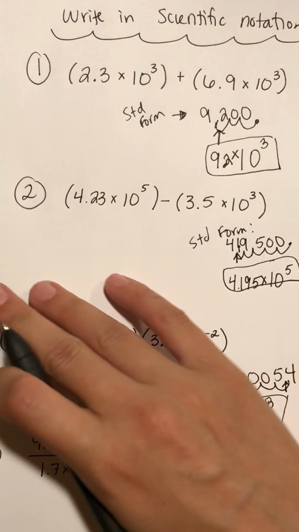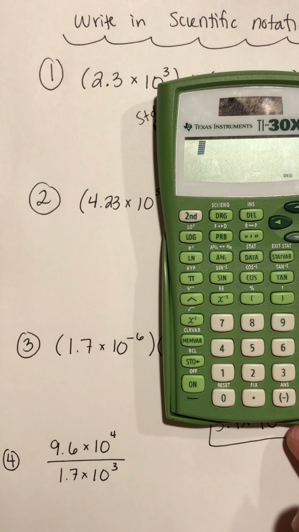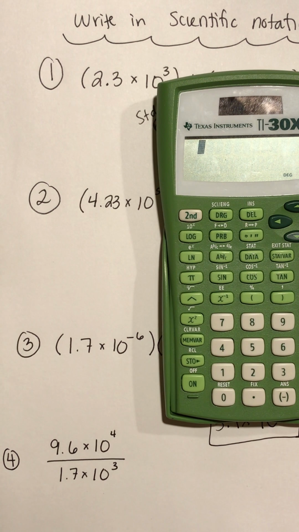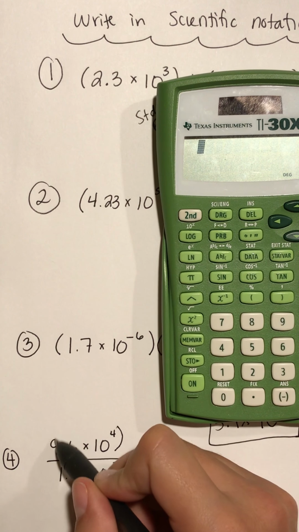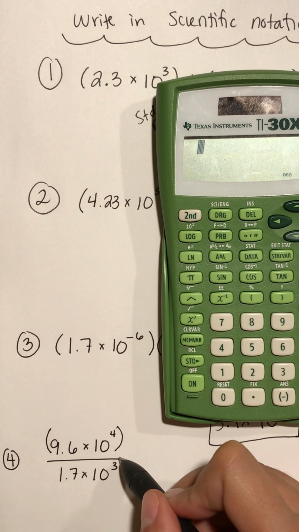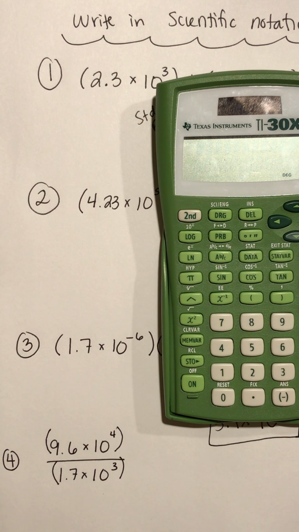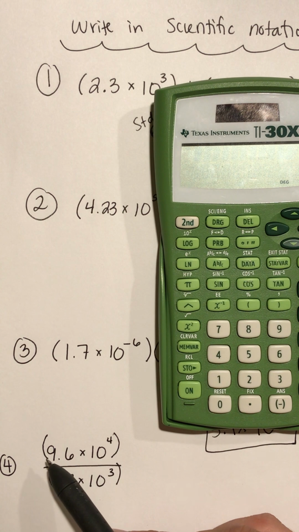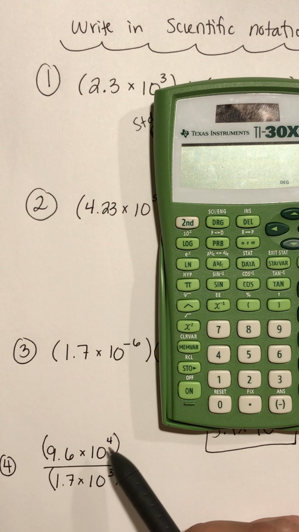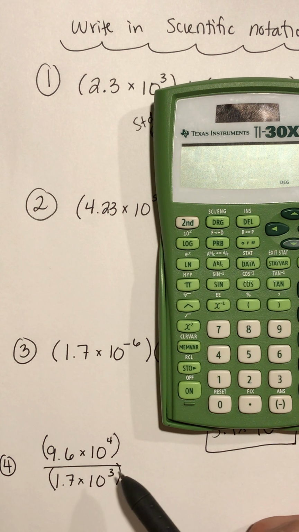Now, with my last problem, problem number 4, notice how it's a division problem. However, there are no parentheses in my problem. You want to make sure, when putting them in your calculator and even on paper, to group those scientific notations so that you do not forget to put parentheses when you put it into your calculator. Other than that, you're going to type the numerator into your calculator, hit the division sign, and then type the denominator.